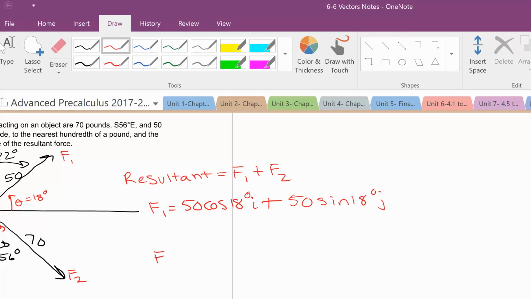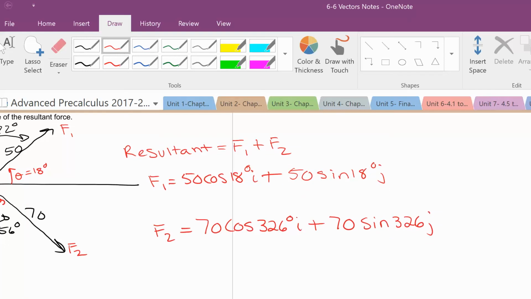And then force 2, you would do 70 cosine 326 i plus 70 sine 326 j. To get the components, you type it in your calculator. 50 cosine 18 is 47.6 i.